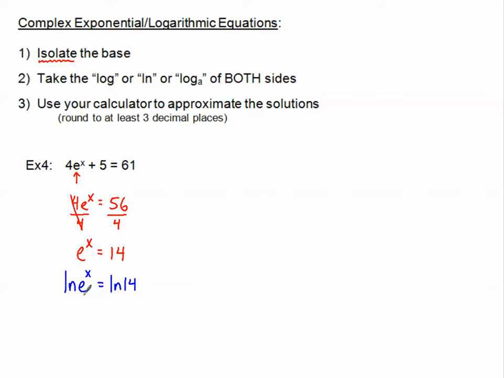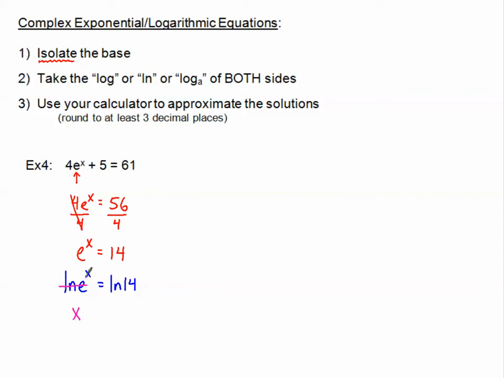Now I chose to take the natural log because we know that the natural log of e to the x just basically cancels out to become x. If you don't remember, there's a little base e that's hiding right here. You know that it's there, and e would have to be raised to the x power to become e to the x power.